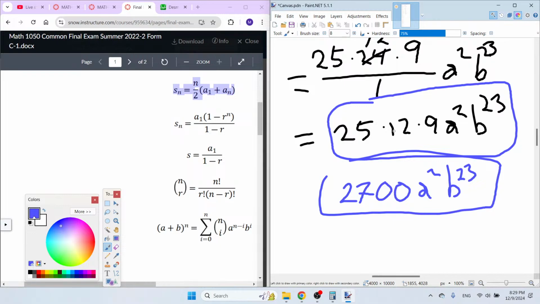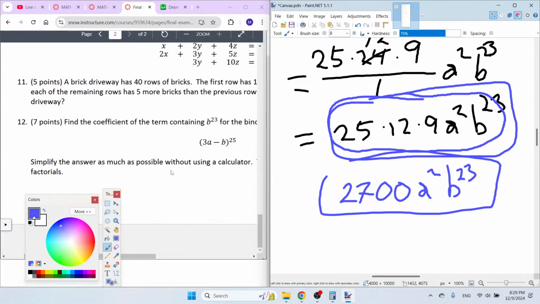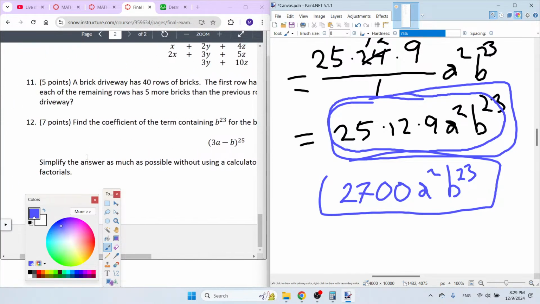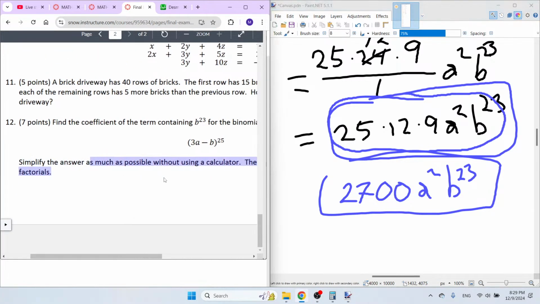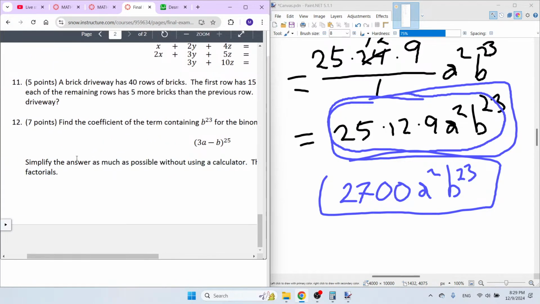So for the purpose of the test, you probably just want to stop here with your factorials canceled out because that's required, but not go any further than getting rid of the fractions and the factorials, because that's not required. And it's introducing more points where you could get an error. And that's the end of the test. See how it says simplify the answer as much as possible. The final answer should not contain factorials. Also, it shouldn't contain fractions.